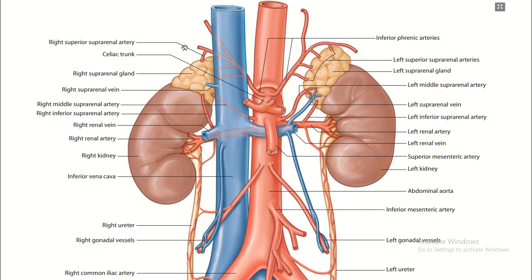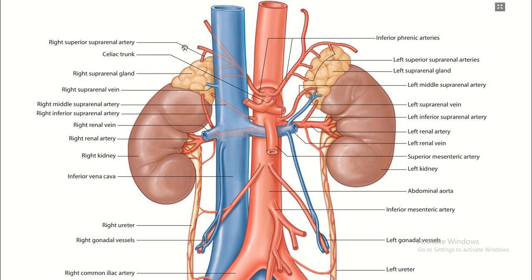Embryologically it is derived from the neural crest cells, and its main function is to secrete catecholamines, that is norepinephrine and epinephrine, but it secretes more of norepinephrine than epinephrine. We're going to look at it when we do the physiology. You understand? But as for today, we want to take a look at the gross anatomy of these suprarenal glands.